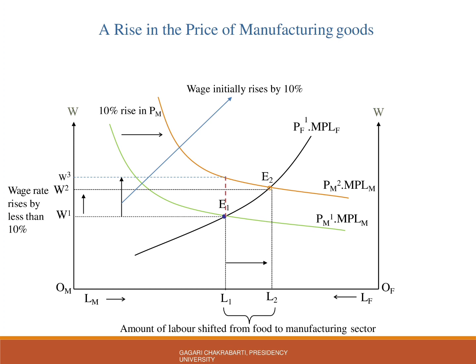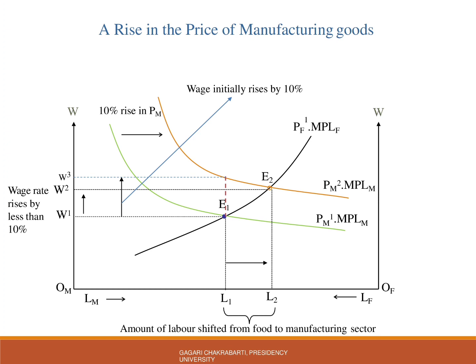Now, as PM increases by 10%, the new equilibrium is attained at point E2. Here the employment of labor changes to L2. Therefore, in the manufacturing sector, labor increases by the amount L1 L2. Similarly, in the food sector, the employment of labor falls by the amount L1 L2. What happens to the wage rate? The wage rate increases to W2.